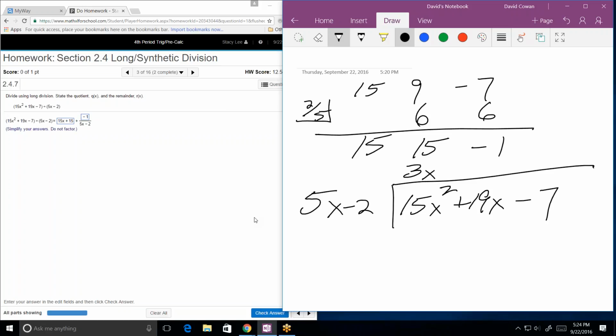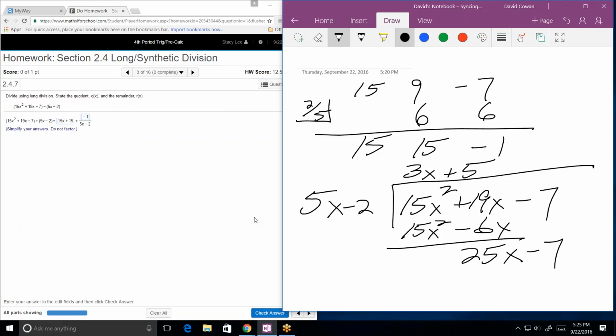So when I do this long division, the first term is 3x, not 3x squared. That produces 15x squared minus 6x. Then I subtract, and I get 25x minus 7. When I divide that, I get plus 5, which gives me 25x minus 10, and a remainder of 3.